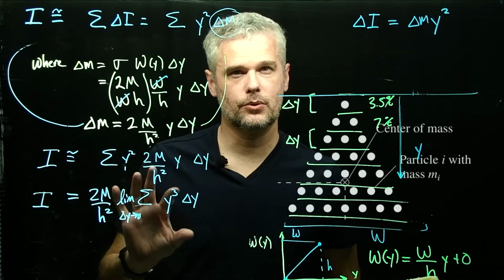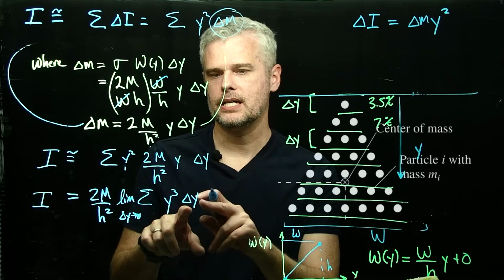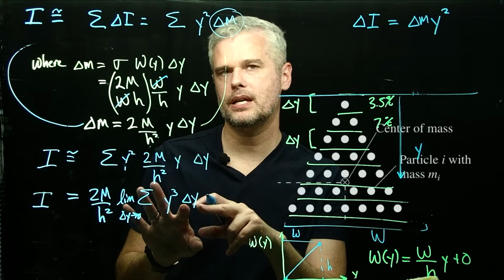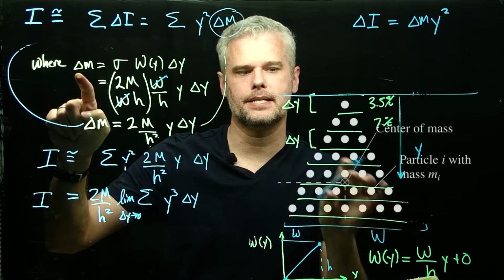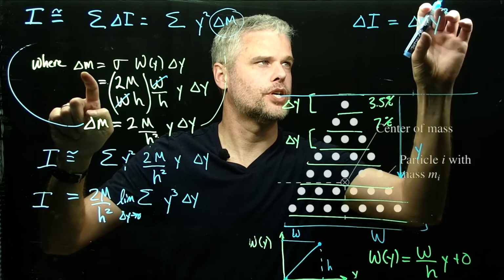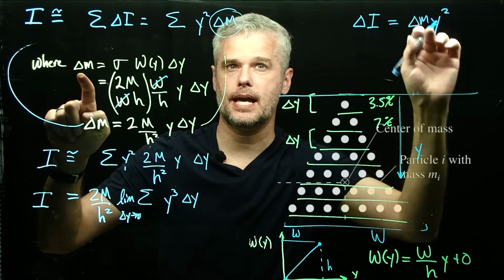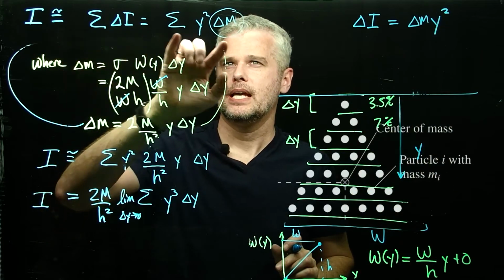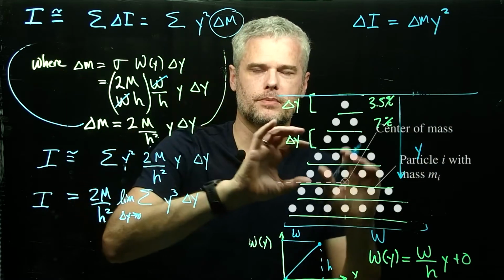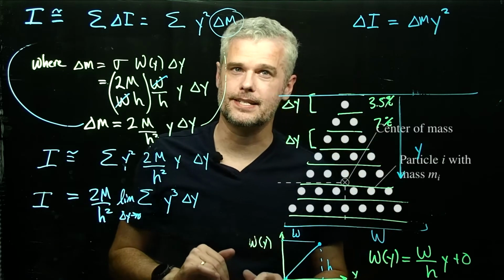I started with the Riemann sum picture because I think it helps students make a connection between the mass of each slice, the moment of inertia of each mass at each y squared, and simply summing up the moments of inertia of each one of these slices. Okay, it's not magic.